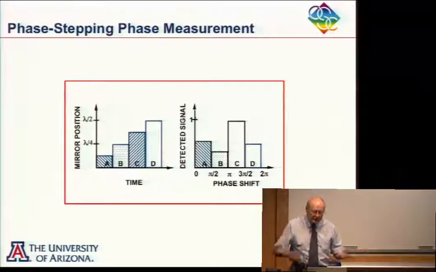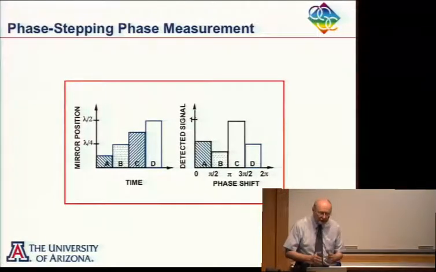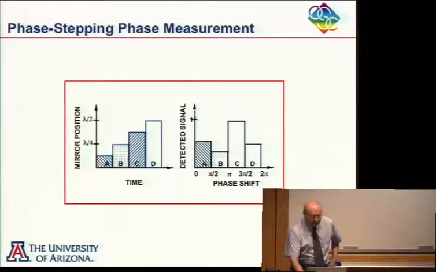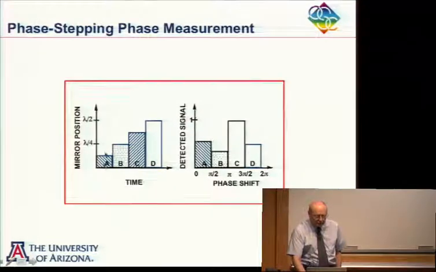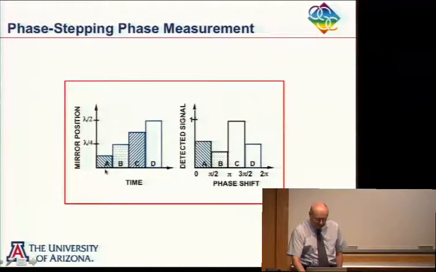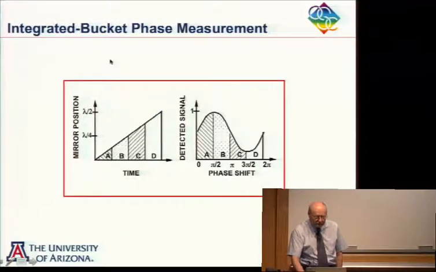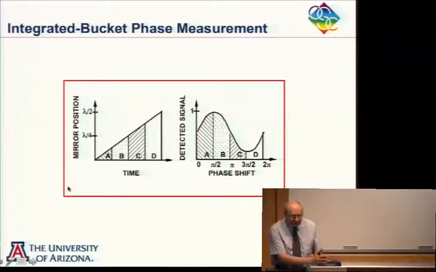Then I probably have to wait another 30th of a second before I can do my next exposure and so on. So it's going to take a little longer to take the data than just the time required to expose the light to the detector. I'm going to have to do some waiting in between the readouts here. So that's phase stepping. Phase shifting is that we're going to move the mirror at a constant rate.